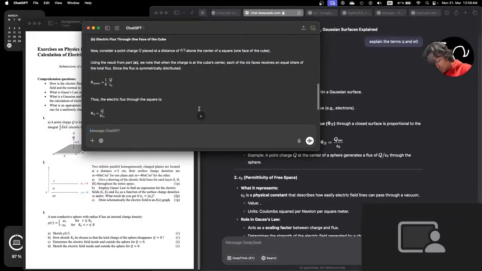So that is the point charge. My visual representation ain't that good, but yeah. Just through the one face.